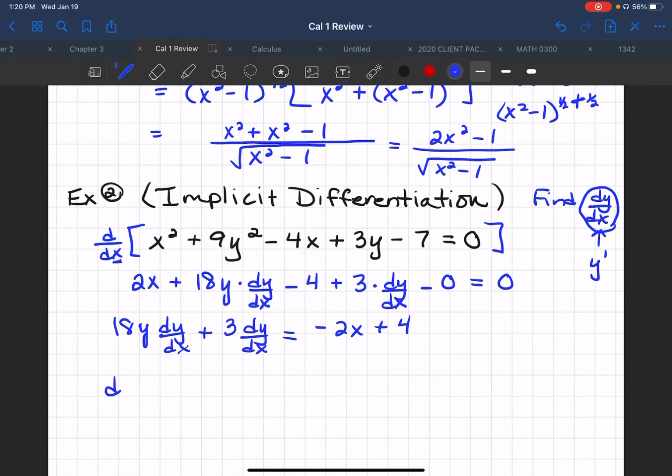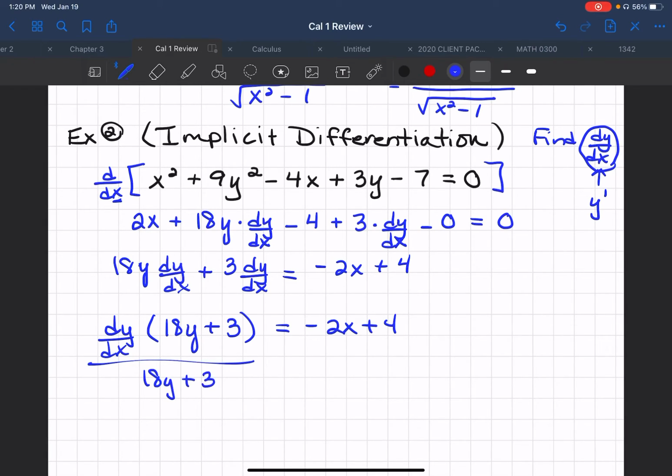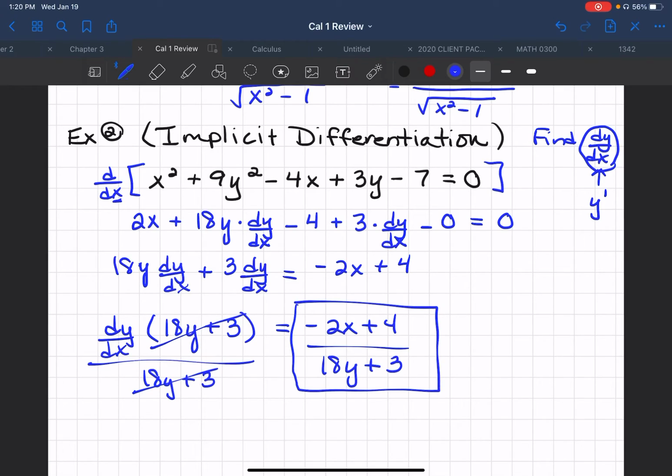Now you can factor out the dy/dx. So I've got 18y plus 3 equals negative 2x plus 4. And I'm going to get dy/dx by itself. So dy/dx equals negative 2x plus 4 over 18y plus 3.